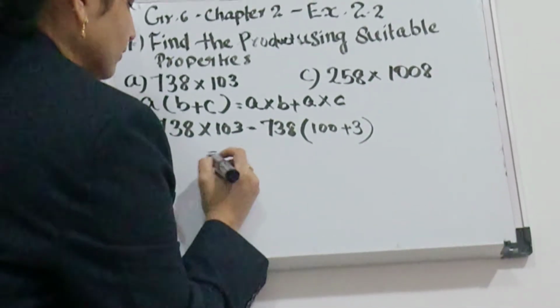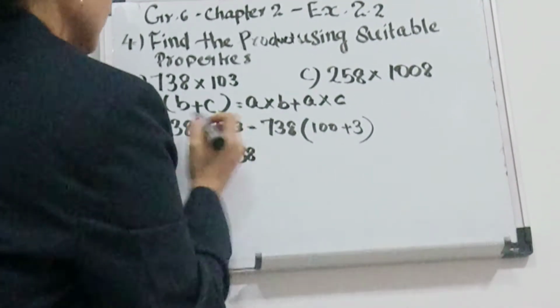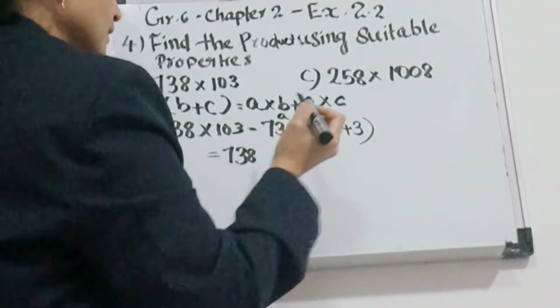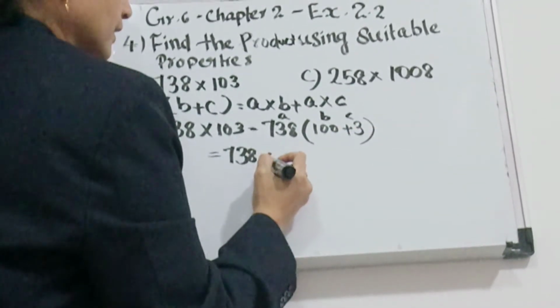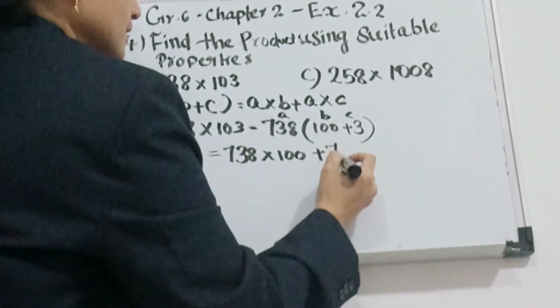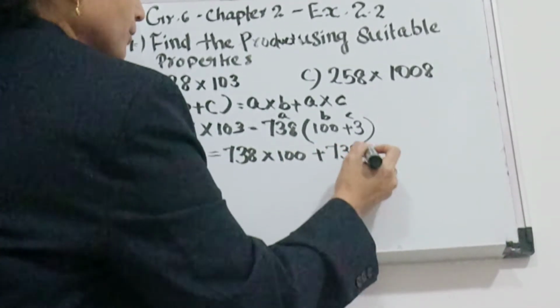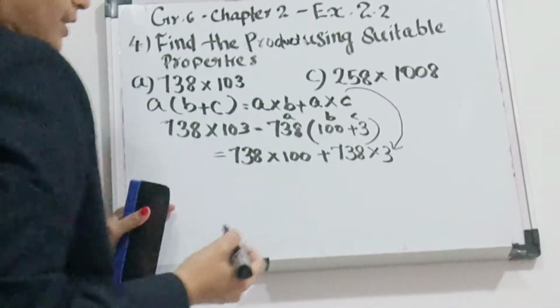So this is equal to 738 into, what is this? This is A and this is B and this is C. So 738 into 100 plus 738 into 3, by the right side.